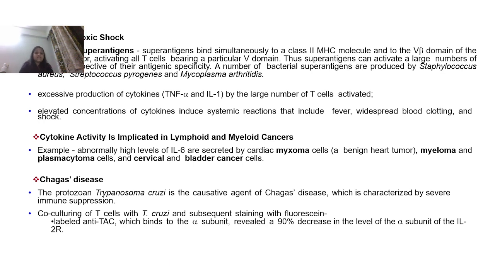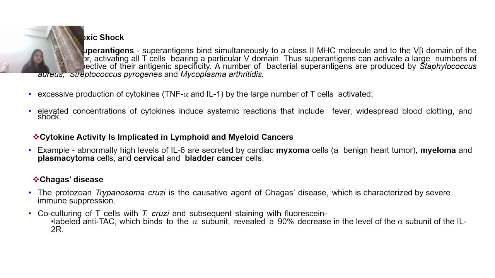Another type is bacterial toxic shock, where there are antigens known as superantigens. Superantigens are immunostimulatory molecules. Those antigens are known as superantigens which can strongly activate the immune system.